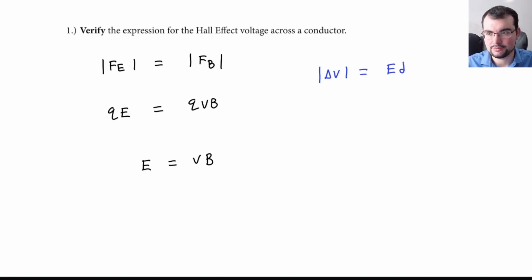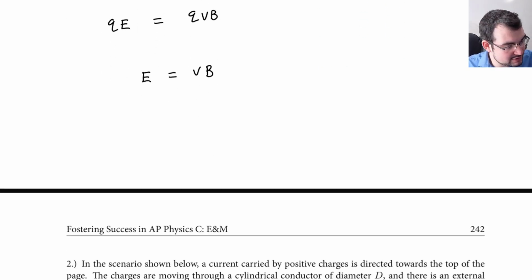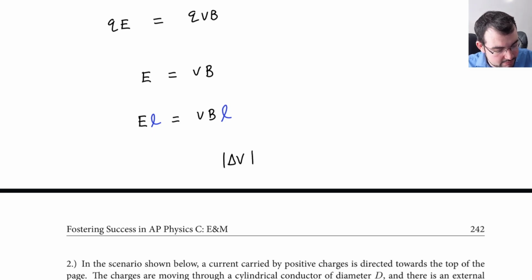Delta V is Ed. So we can multiply both sides of this expression by the length of the slab. And what is E times L? Well, E times L is going to be our voltage that we want. So the Hall effect voltage is vBL.